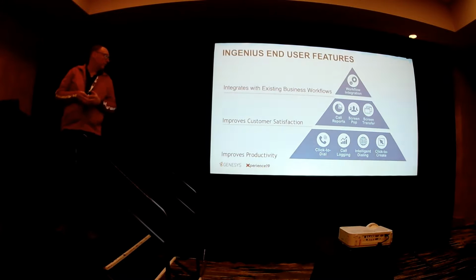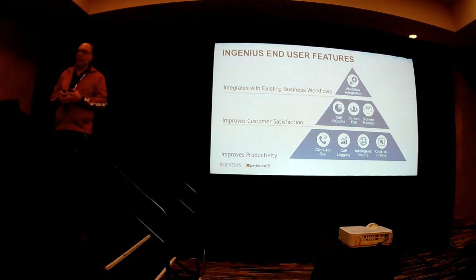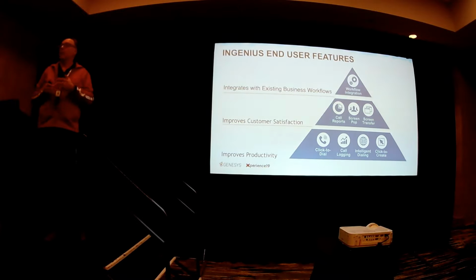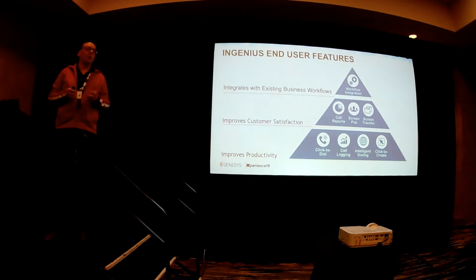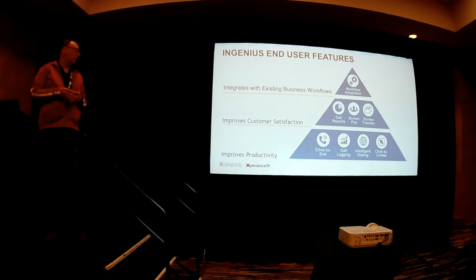Secondly, we have features that are all about customer satisfaction. We have KPI reports that managers in the contact centers can use to make sure the contact center is performing adequately and make any adjustments if necessary.